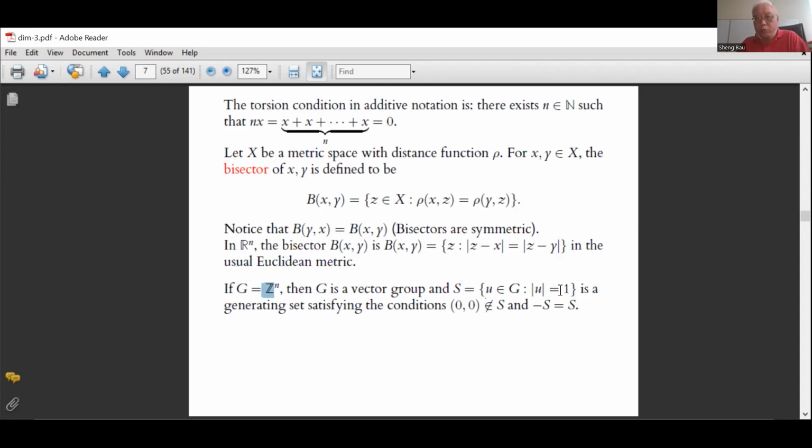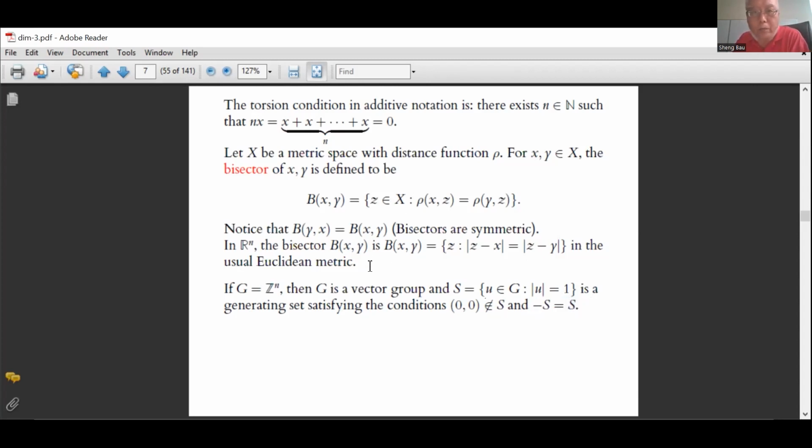So when n is equal to 2, we have exactly 4 unit vectors. So the Cayley graph is going to be of degree 4 if we take unit vectors as the generating set. First of all, 0 is definitely not a unit vector. Secondly, the inverse of a unit vector is definitely a unit vector.